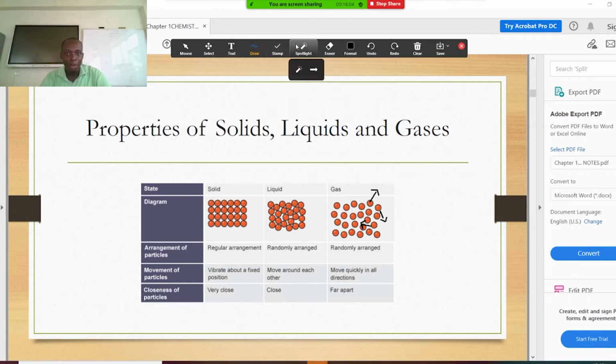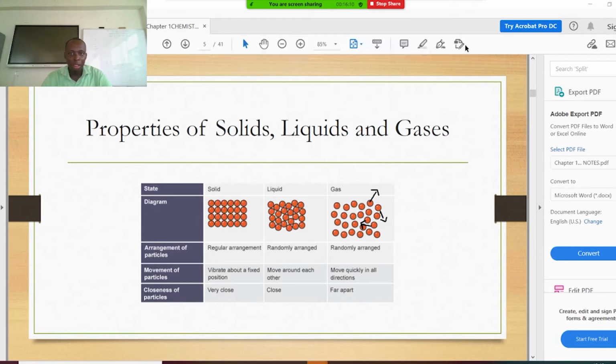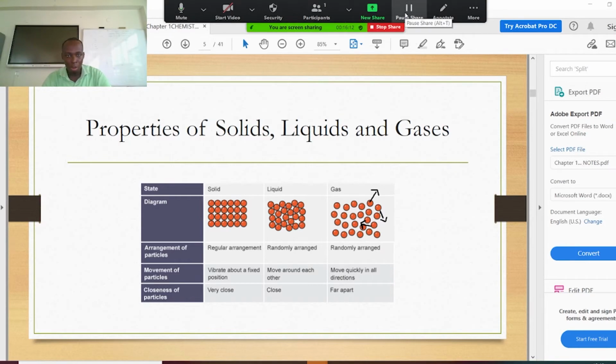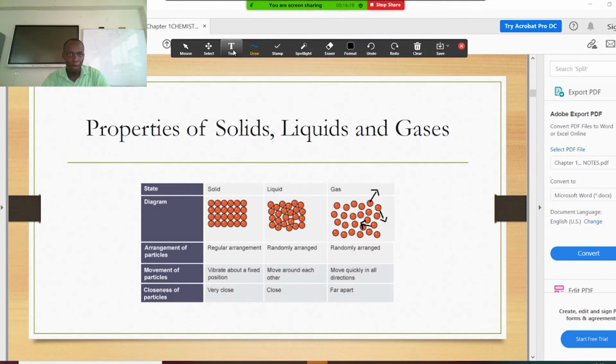And then we come to the third aspect, the closeness of the particles, or in other words, the particle separation. Particle separation means: how separated are these particles?